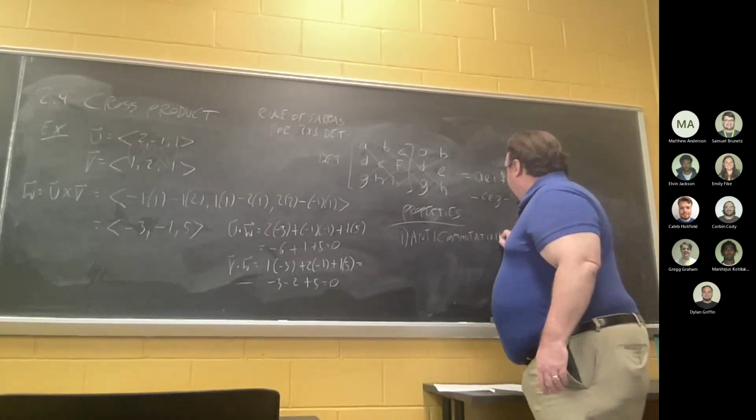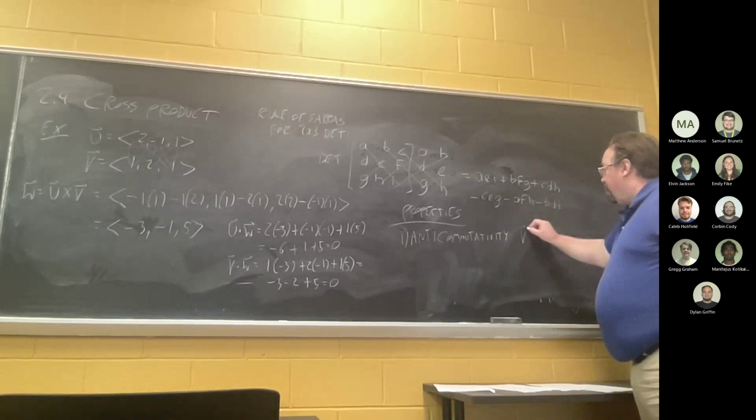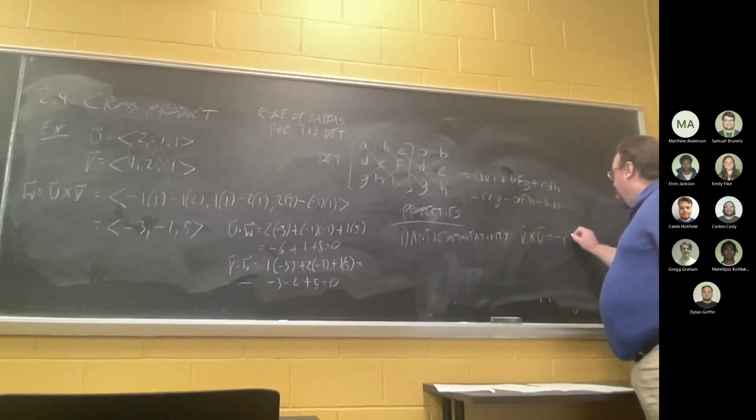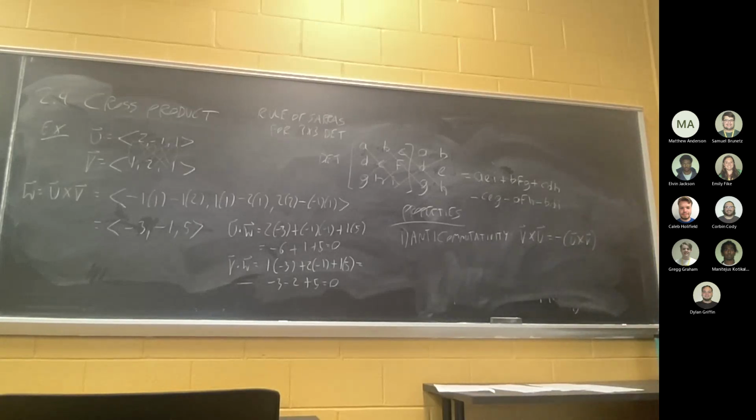It is anti-commutative, meaning that if I take a cross product of U and V, the cross product of V and U is minus the cross product of U and V. So changing the order of the vectors involved flips the sign. Be careful about what's being asked for, U cross V or V cross U. From a formula that I wrote earlier, you can see if you reverse the roles of U and V, it just changes the sign of everything.